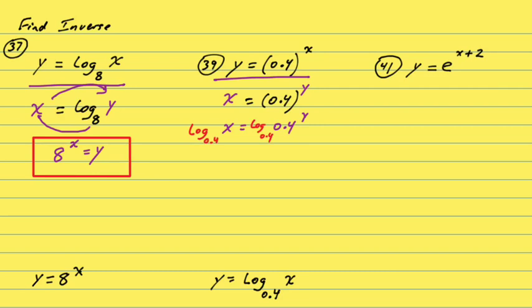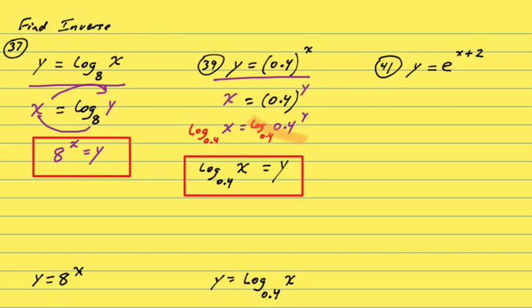So I get log of 0.4 of x equals, and you'll notice these eliminate because they're the same base and argument, equals y. So just like I thought, that is the result.